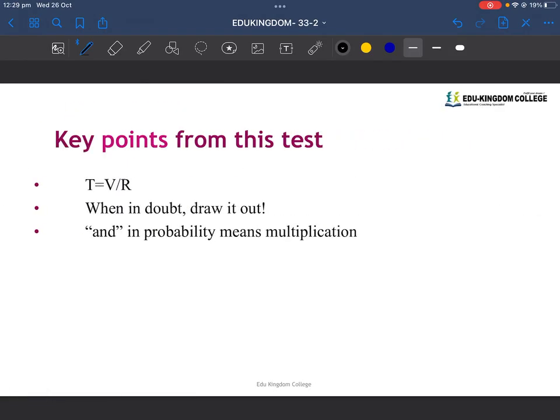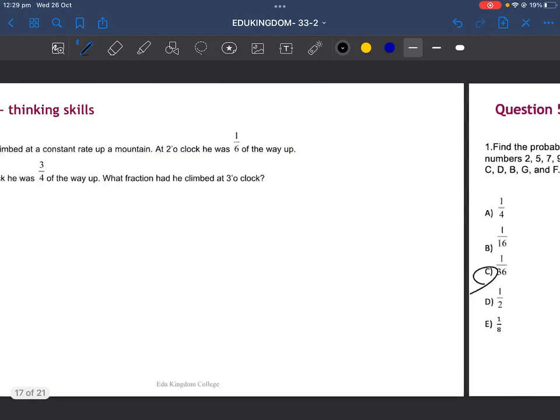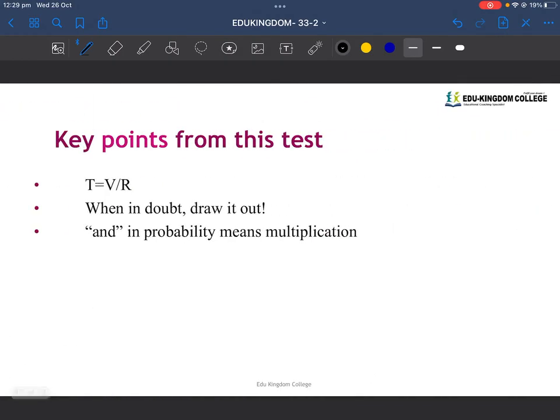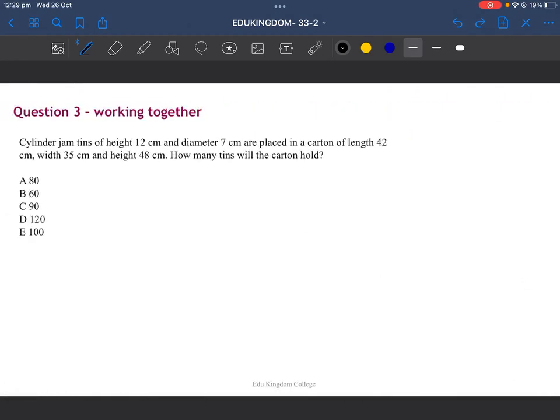Finally, let's go into our key points from this test. Key point number 1, time equals volume over rate, or T equals V over R. So obviously we did this from the very first question. Next point, when in doubt, draw it out. And this I pull from the cylinder question.